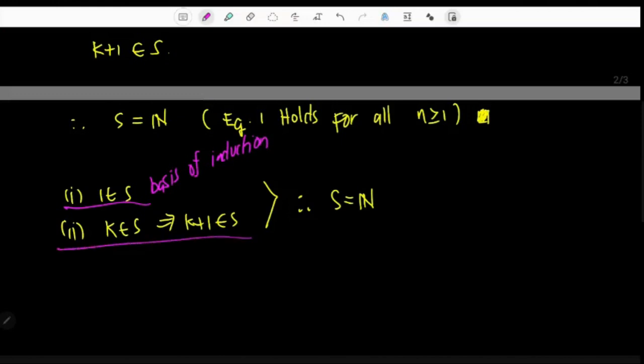And the second one is called the induction step. In our induction step, the assumption that k is in S is called the hypothesis or the inductive hypothesis.